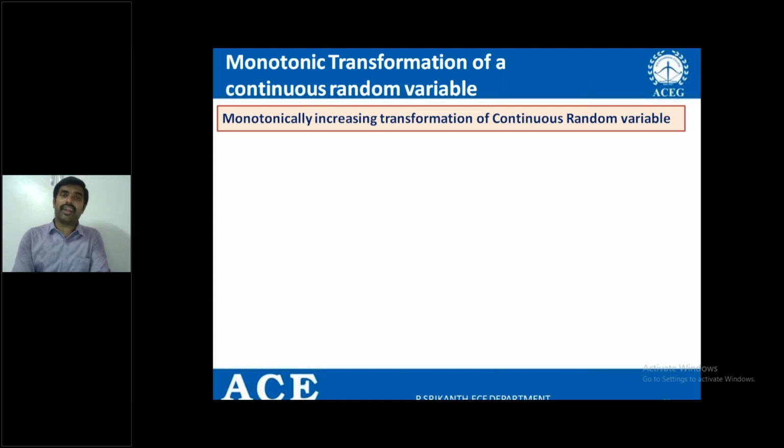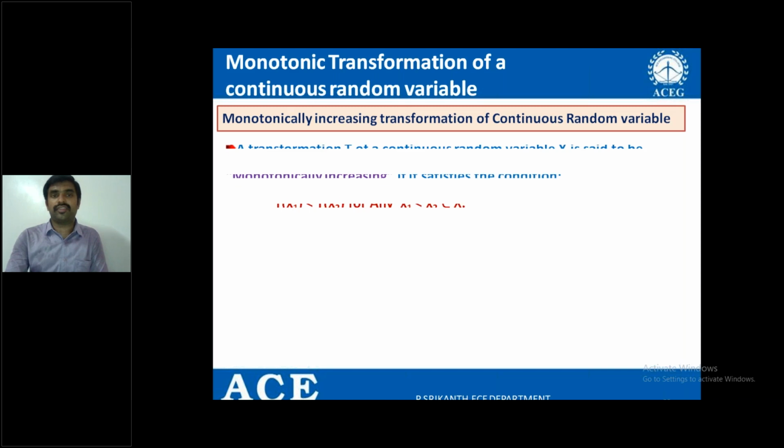So how do you transform the random variable? Let me take the random variable X transformed into Y. How do you transform from X to Y? If the relation between X and Y is a monotonic relation, then what?